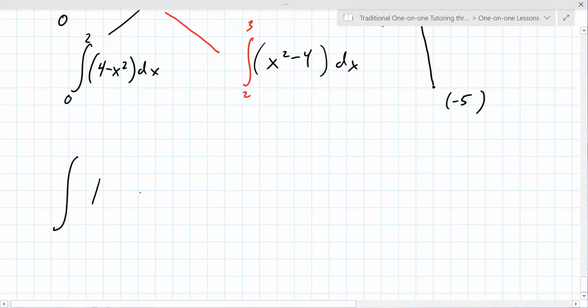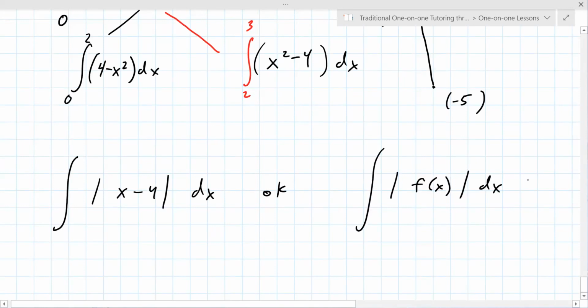Not an absolute value function, because you can do this, but the integral of the absolute value of something else, like x squared plus 1, something more than just x. Yeah. Okay. All right.